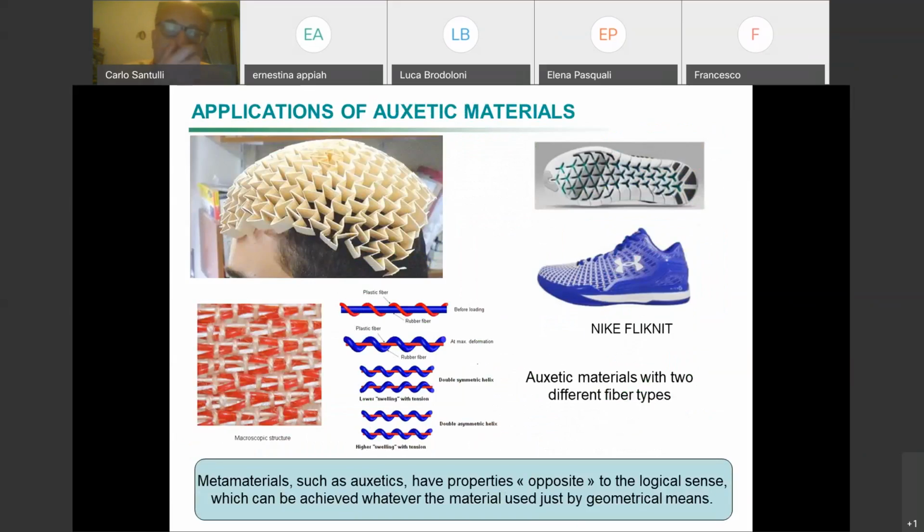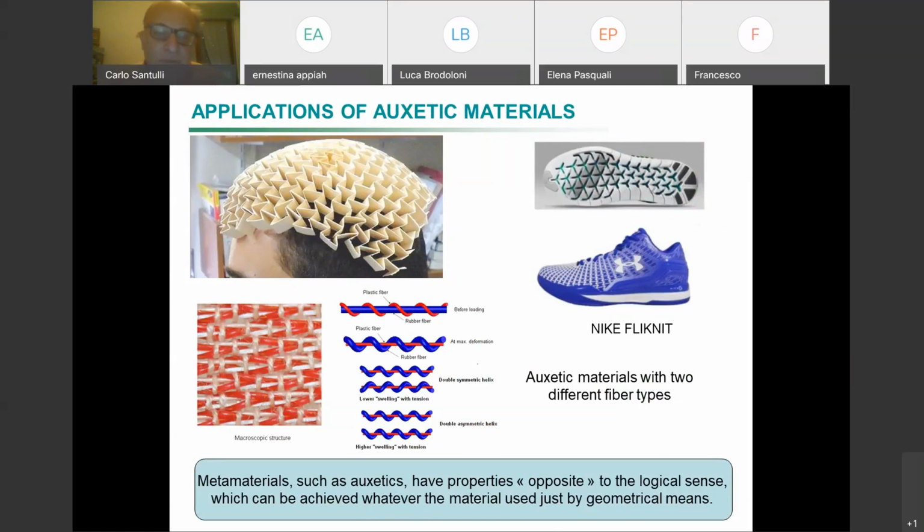And in fact, a number of proposals have been made, for example, with rubber for shoes, which tended to better sustain the load of the walking body, or this kind of helmet, the so-called auxetic dome, which also found some application in architecture.